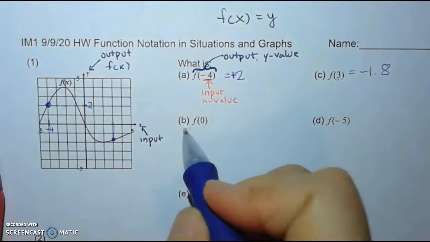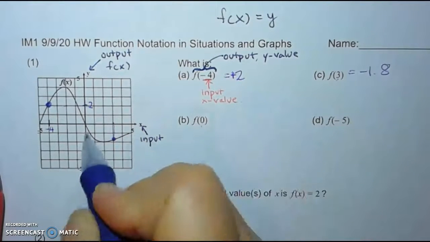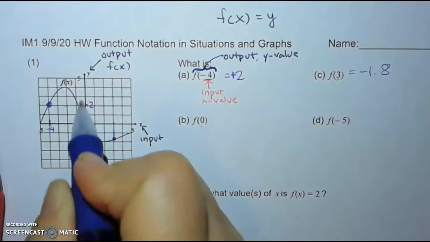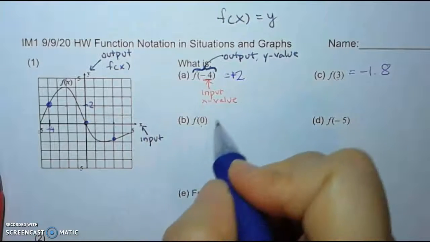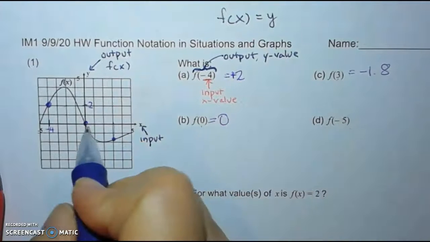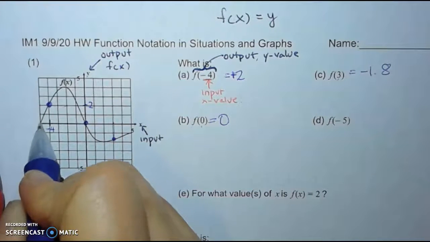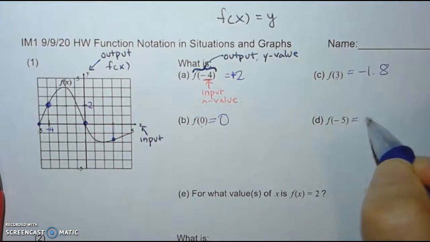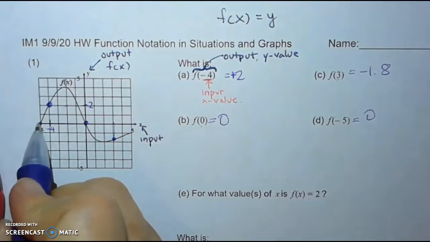F of 0. F of 0 means that x value is 0. Where is the y? Y is right at 0 as well. The vertical position is also 0. What about f of -5? Where is -5? X is -5 here, and the graph is again at 0. The y value is again 0 because we're talking about this point.